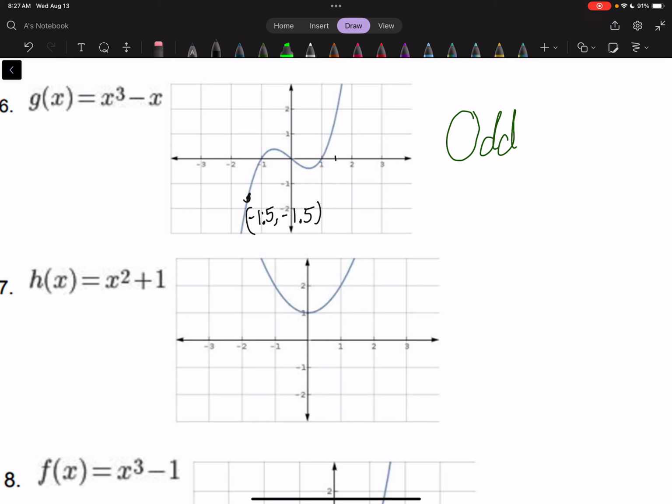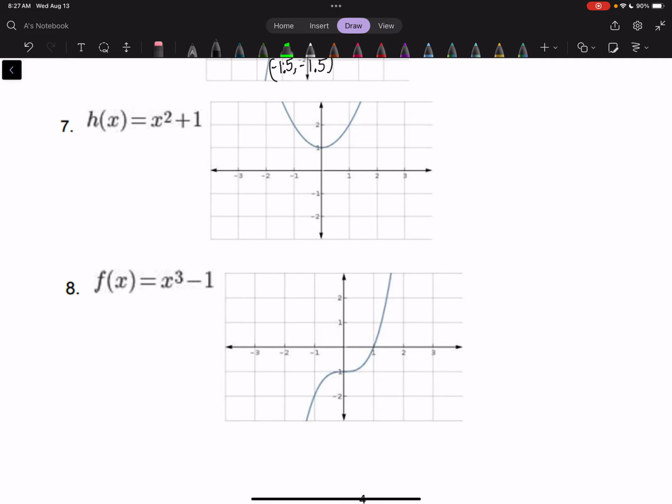So go to 1.5, go up, it is a point. It is odd symmetry. All right, x², if you were to fold it in half, the graphs would line up. This is even.